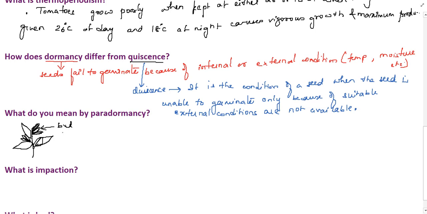So other than the bud, that is the nearby leaves, they are not allowing this bud to germinate.